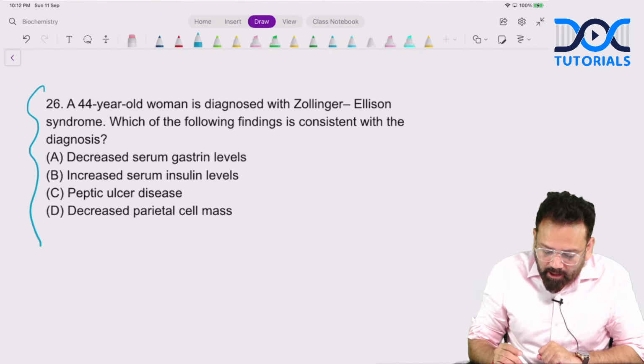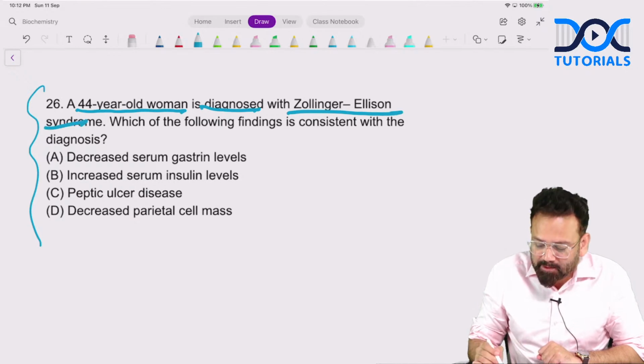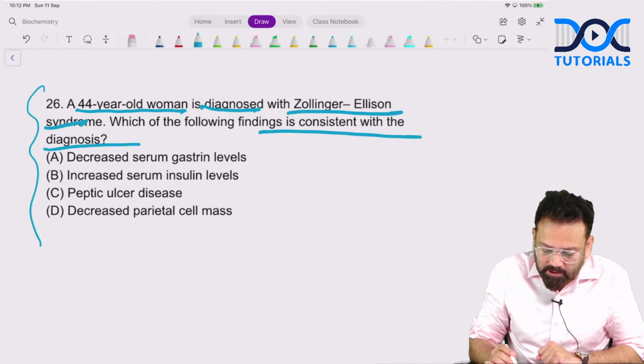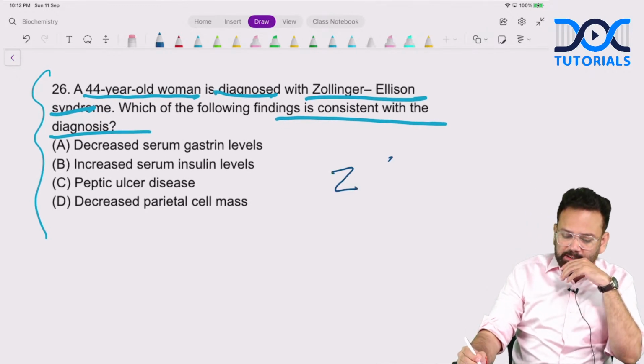26. A 44-year-old woman is diagnosed with Zollinger-Ellison syndrome. Which of the following is consistent with the diagnosis? What is ZE syndrome?